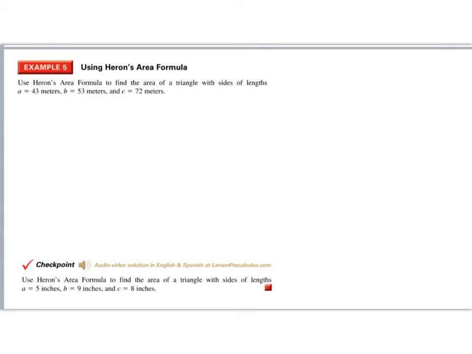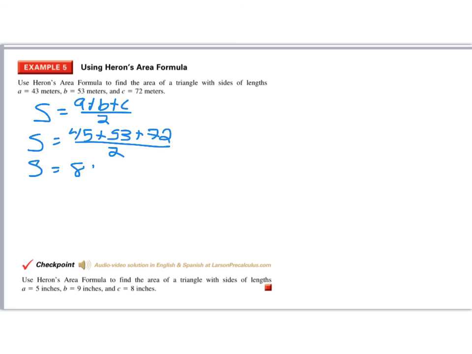Okay, the first thing we have to do is figure out what S is. S is going to be A plus B plus C all over 2. So S is 45 plus 53 plus 72 all over 2, so our S is equal to 84.